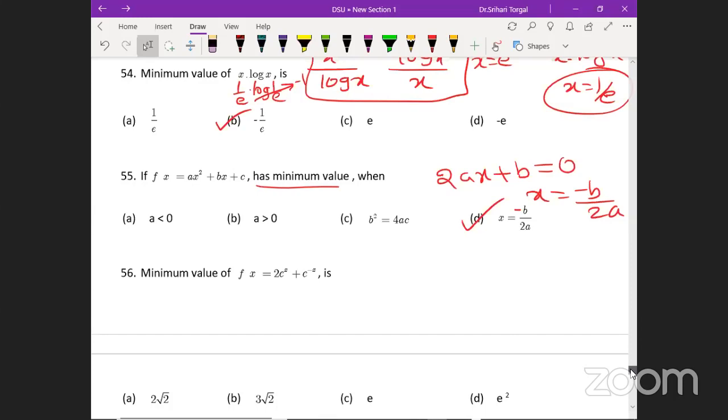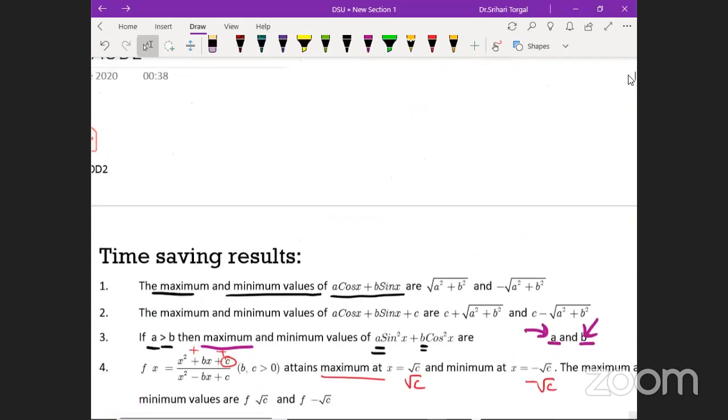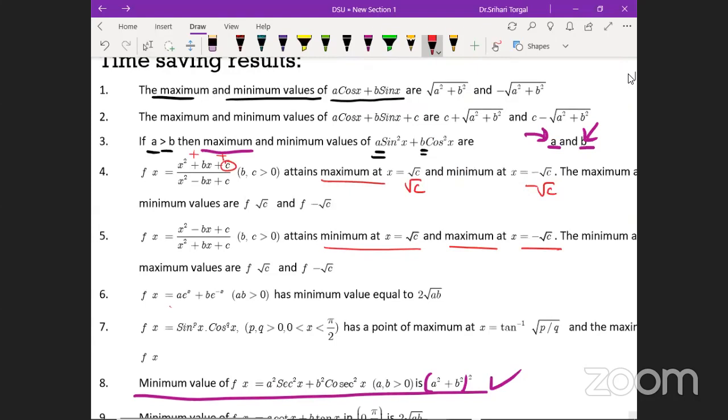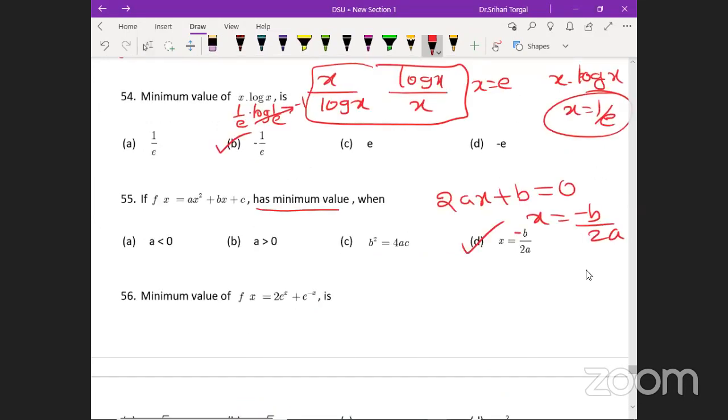I have told you in the time saving result, for a e power x plus b e power minus x, the minimum value is 2 root ab. It is the same result we follow for x plus 1 by x. 2 root ab formula, remember. Two into root 2 is the answer, 2 root 2.